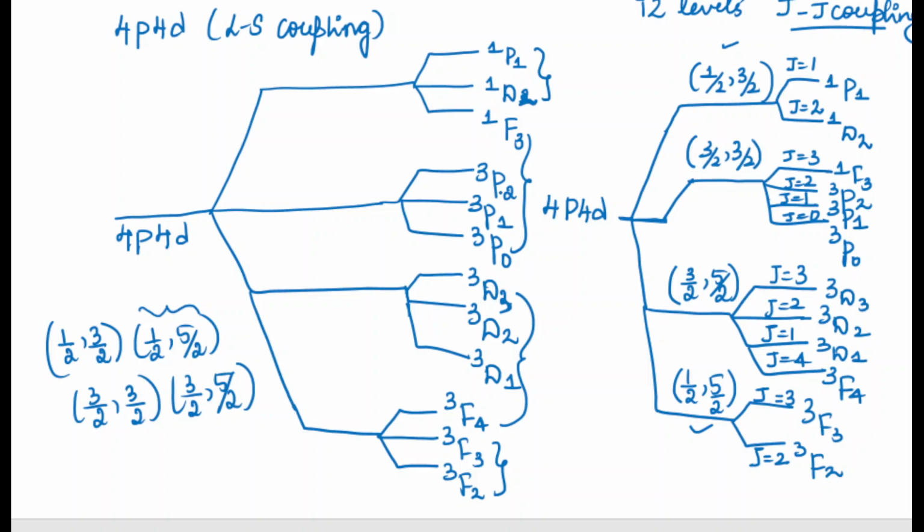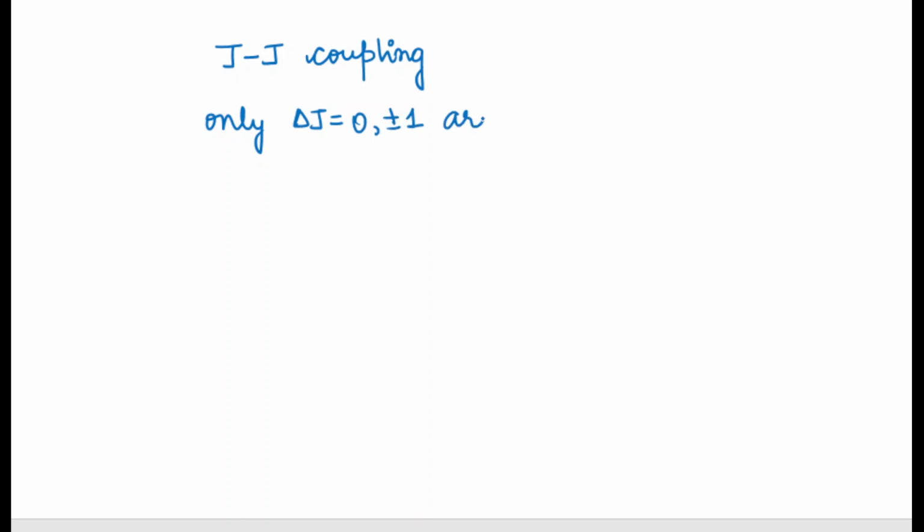Okay, now under this we have one more concept that you need to be familiar with, the transition. Like under JJ coupling, I have discussed the selection rule under LS coupling also. Under JJ coupling, the selection rule is only that delta J is equal to 0 or plus or minus 1. Only these values are allowed.